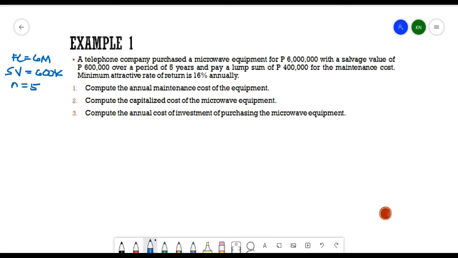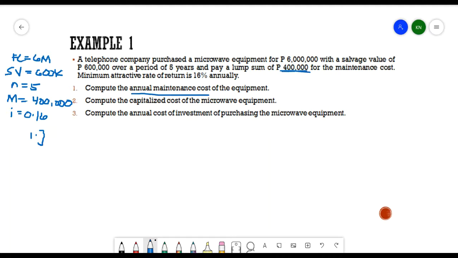And we have here the lump sum of the maintenance cost, 400,000, meaning M is equal to 400,000. However, we have here the rate of return, I, equal to 0.16, that is 16% annually. So first, we need to find the annual maintenance cost.